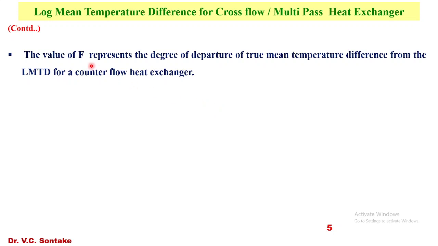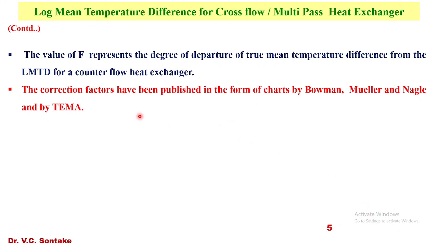The value of the correction factor F represents the degree of departure of true mean temperature difference from the LMTD for a counterflow heat exchanger. The value of F actually denotes how far the log mean temperature difference of cross flow is deviating from the LMTD for counterflow heat exchanger.